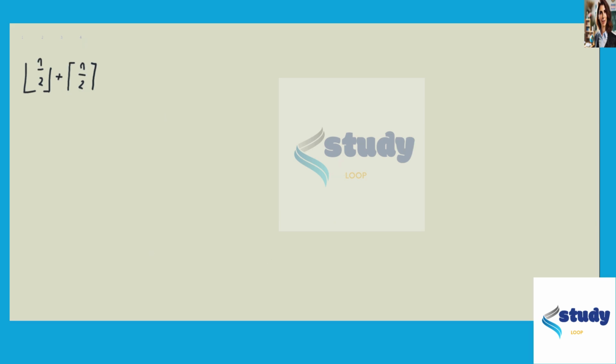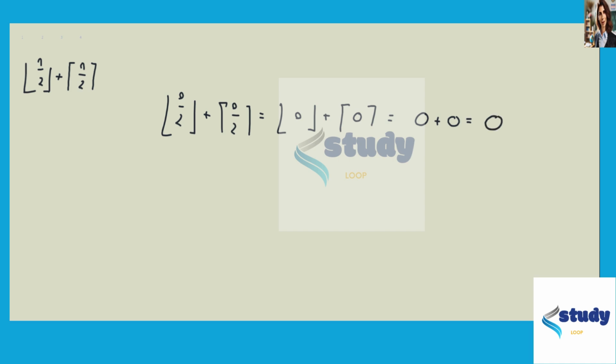Finally, we have floor of n over 2 plus ceiling of n over 2, where I recall that the ceiling is the smallest integer above the real number given. So for 0 divided by 2, floor of 0 plus ceiling of 0, that's 0 plus 0, which is 0.